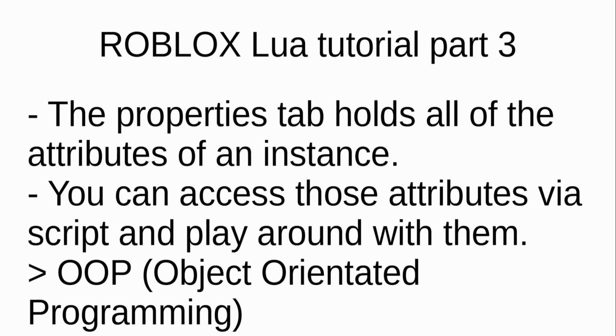Okay, so just be aware that everything you'll see within the game basically consists of an instance, and its attributes are just being changed per script, okay? And that's basically object-oriented programming. So you have an object, you have an instance, and your script or your code is oriented to interact with its properties, in order to create an illusion for you.